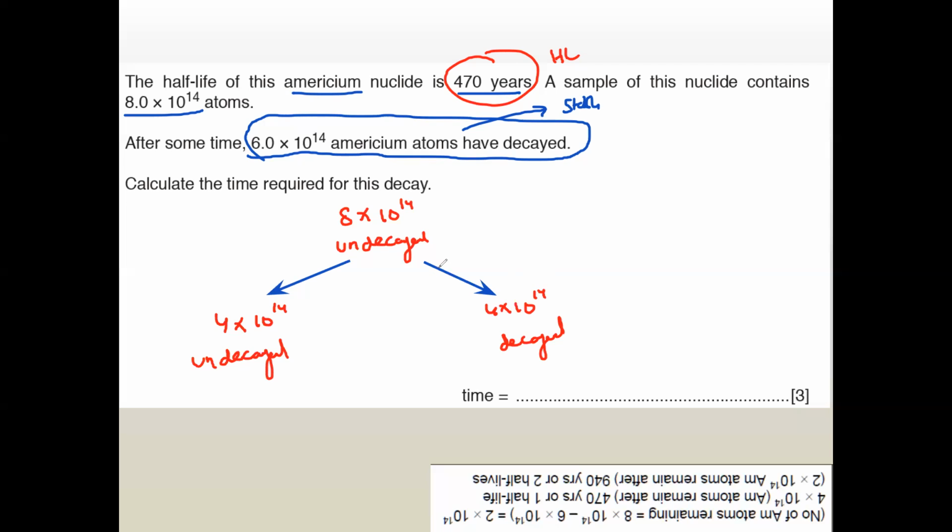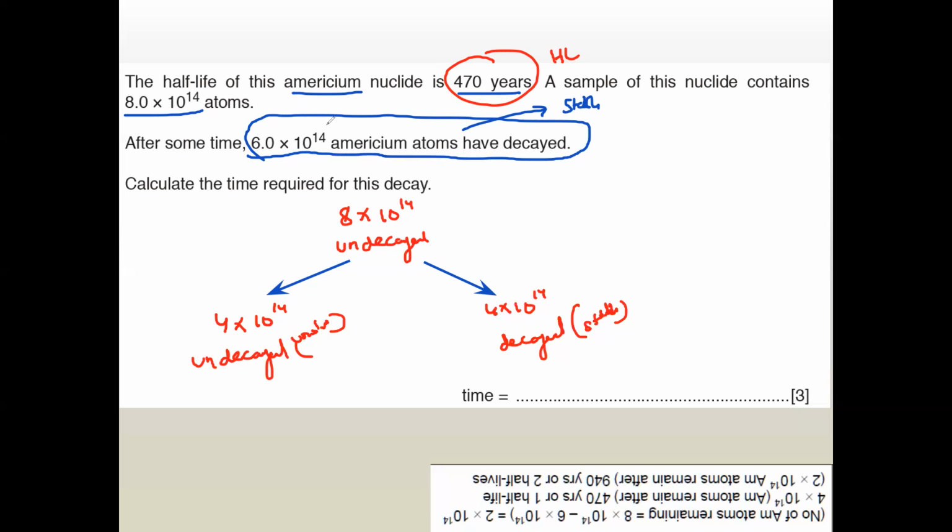So in the beginning, 8 exponent 14 undecayed; half will be undecayed, half will be decayed. Decayed means stable, not emitting more radiation, and the unstable ones we call undecayed. So this is one half-life.